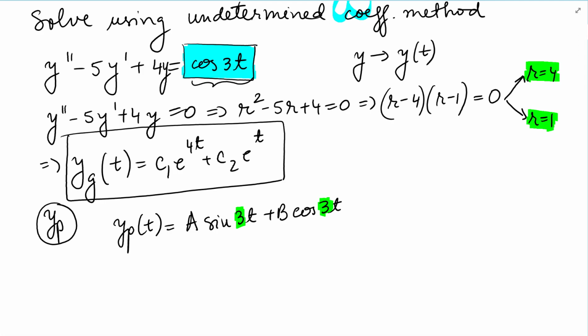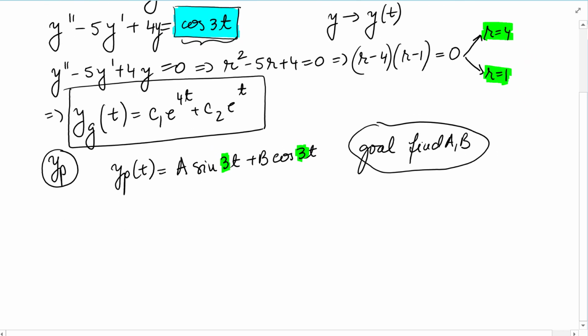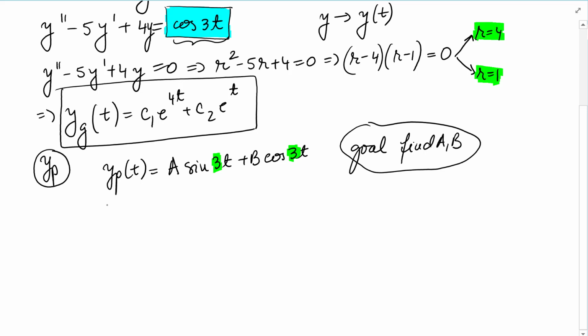So we look for a solution of this form. Our goal is to find capital A and capital B. So how do we do that? Well, we are going to calculate the first derivative of the particular solution and then the second derivative, and replace them into our original equation to find the constants A and B. The first derivative is 3A cosine of 3t minus 3B sine of 3t.